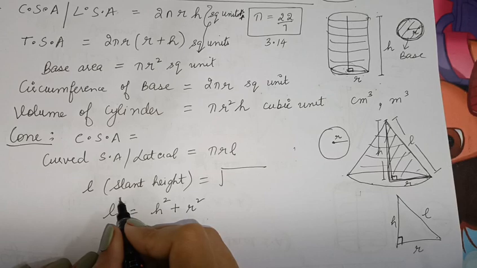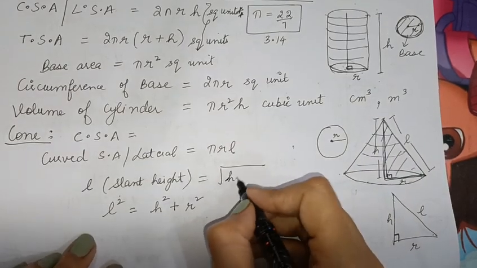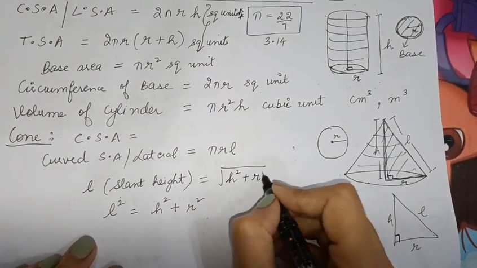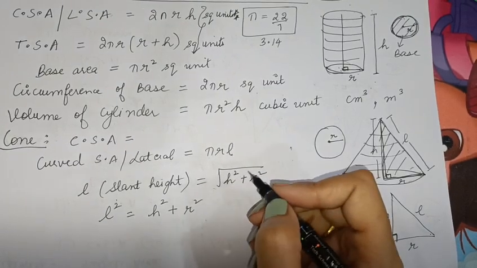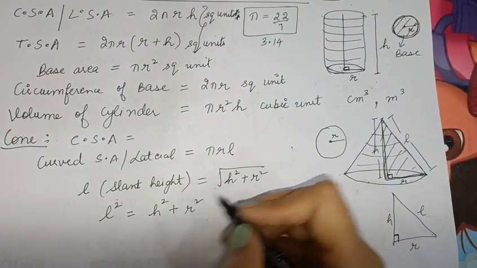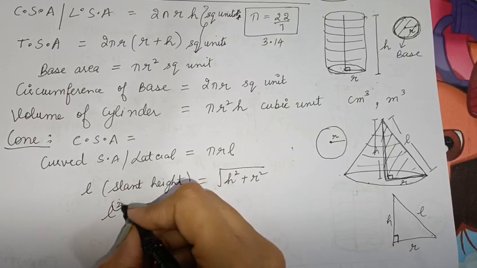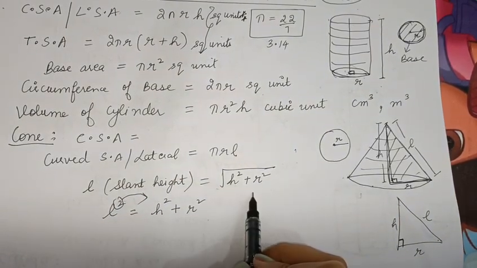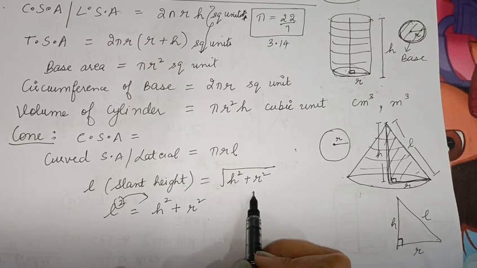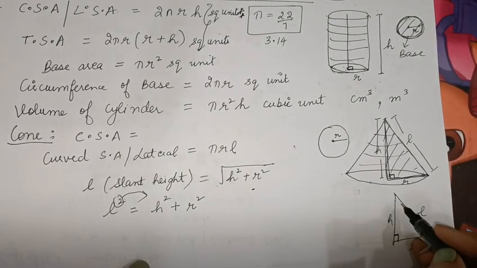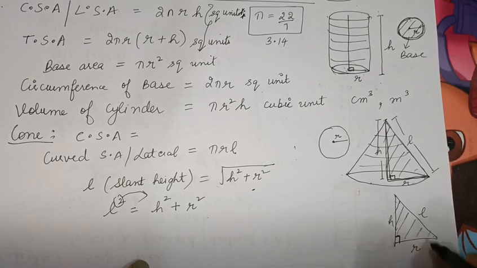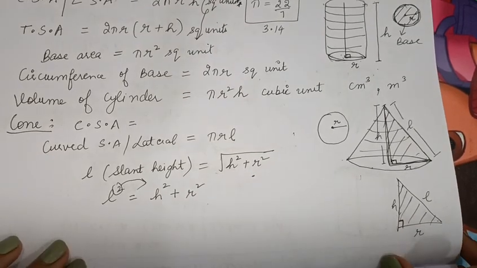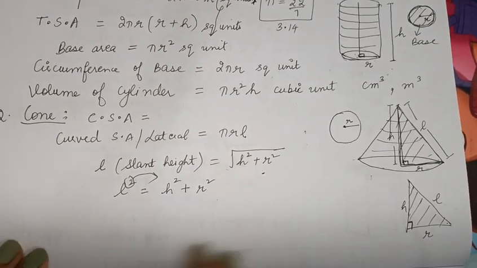So from here l will be equal to the square root of h square plus r square, because when the square goes to the other side it becomes a square root. So this formula you can always remember, or else you can remember this relation, Pythagoras theorem, here you have to use it.